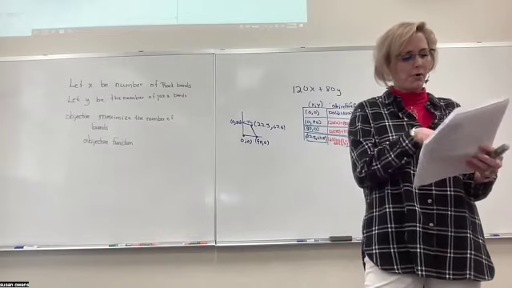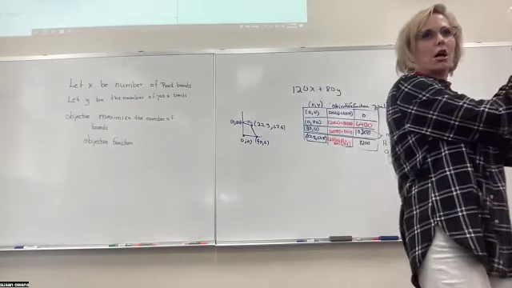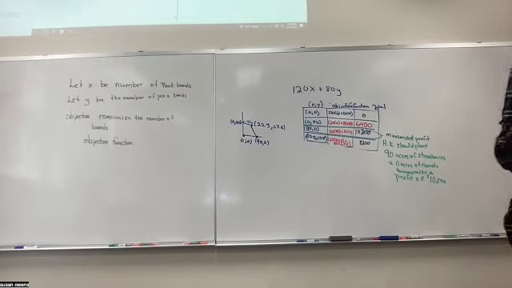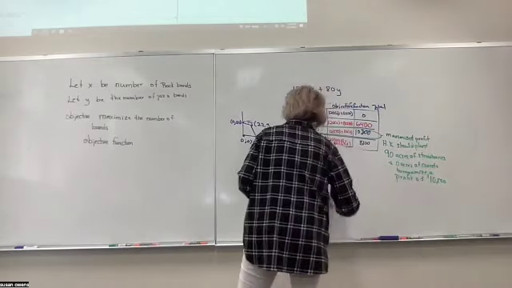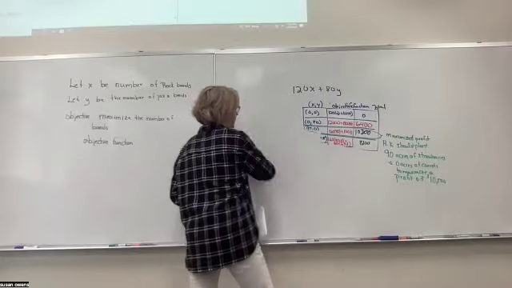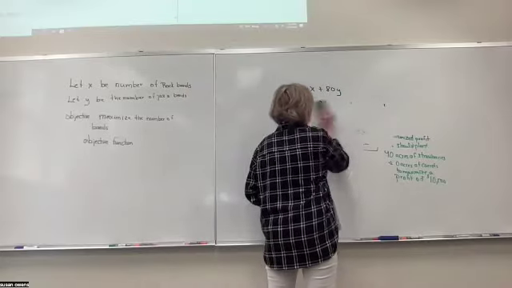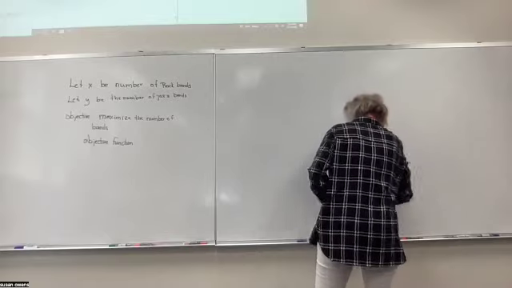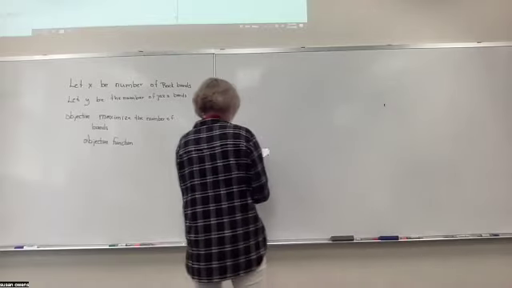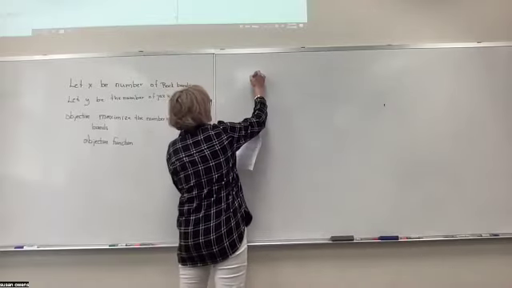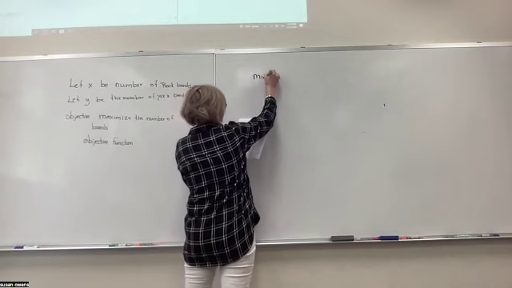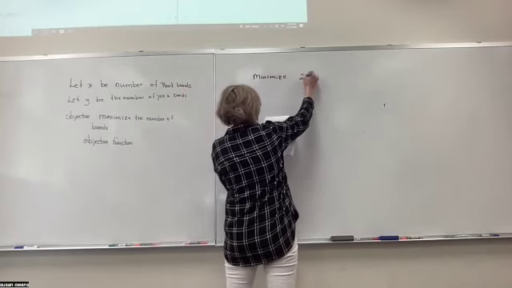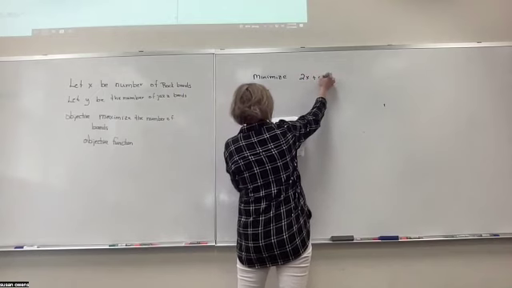Let's drop to that one with the picture of the graph there. There's one very similar to this on the test. So our goal is to minimize our objective function 2x plus 5y.